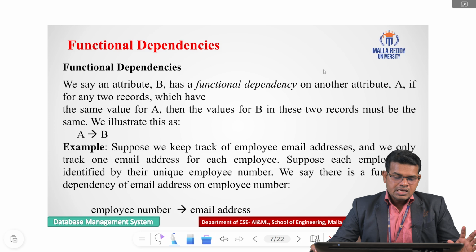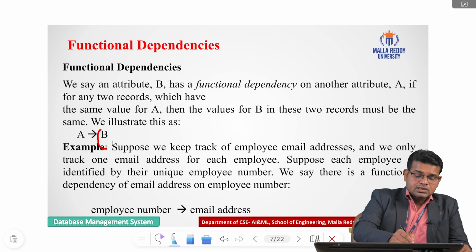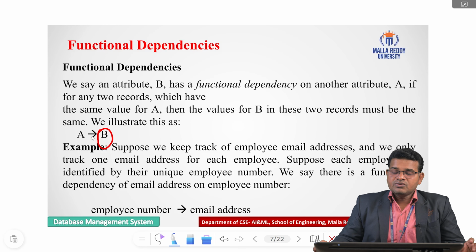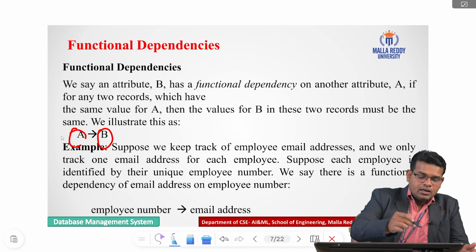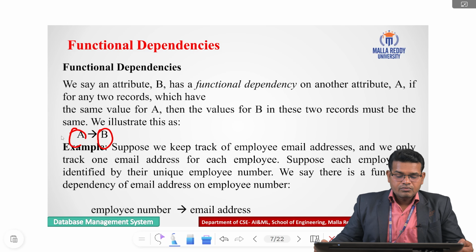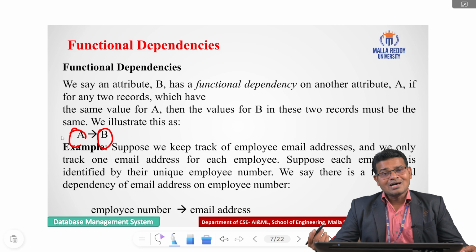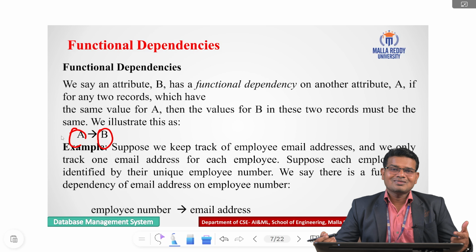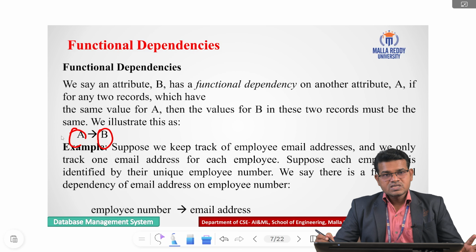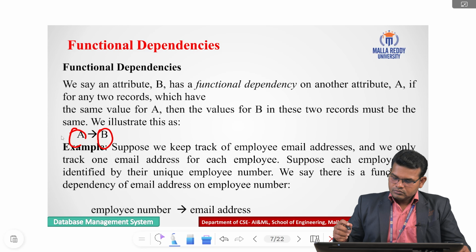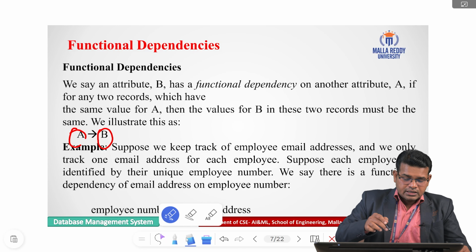An attribute B, on the right-hand side, is said to be functionally dependent on another attribute A when a tuple in A results in some value in B, and in a different tuple, the same value in A results in the same value in B. Then we say B is functionally dependent on A, or A determines B.